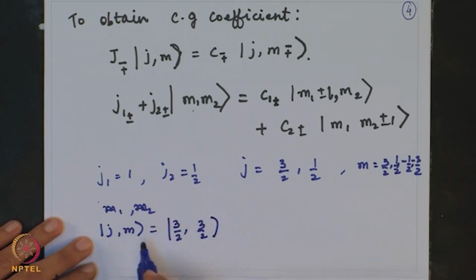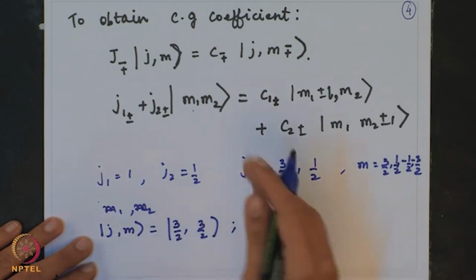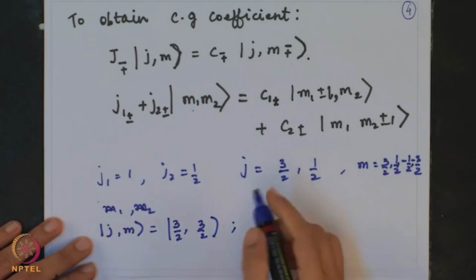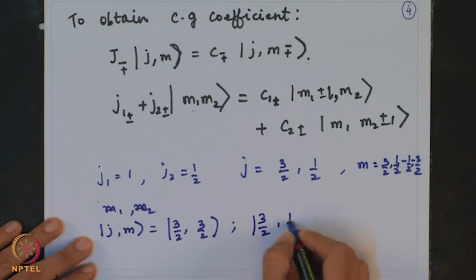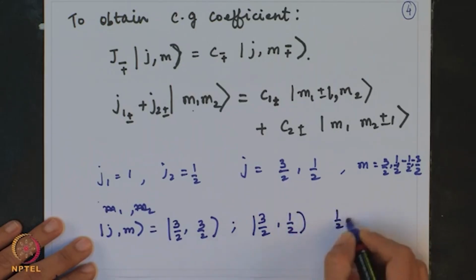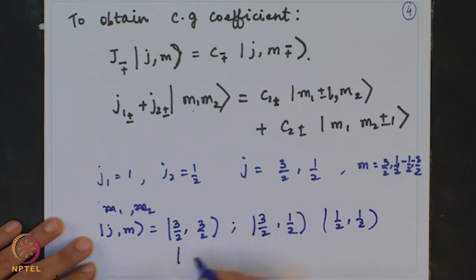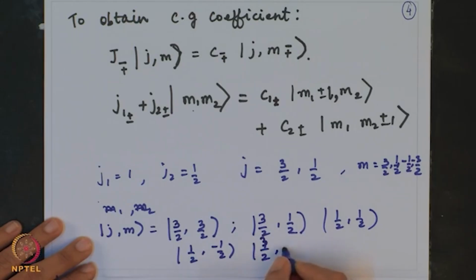We will write these states in the decreasing order of M. So, 3 by 2, 3 by 2 will be the first term in the column, and the next one will be 3 by 2, half, then comes half, half, then half, minus half, then minus half, 3 by 2 and minus half, minus 3 by 2, sorry, 3 by 2 and minus 3 by 2.